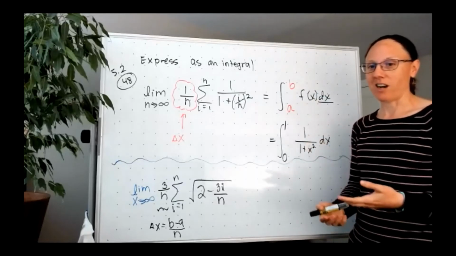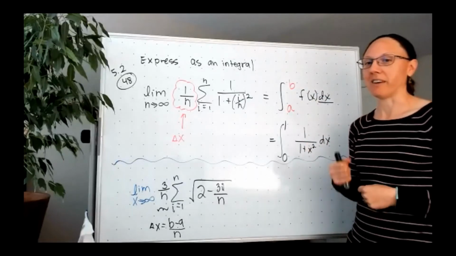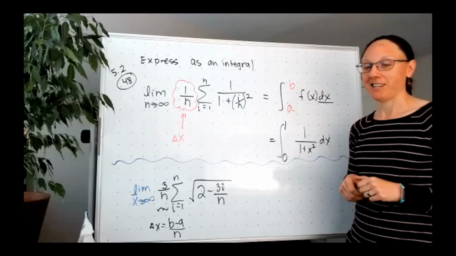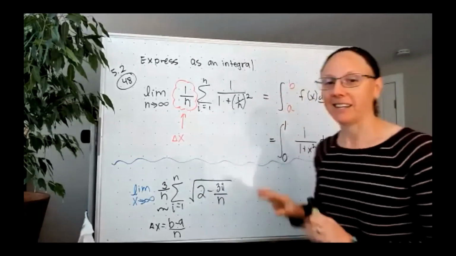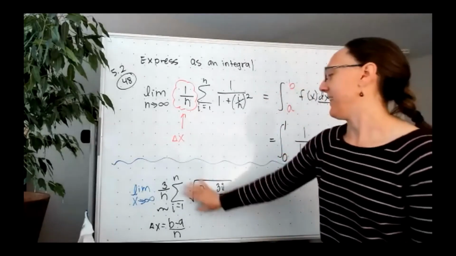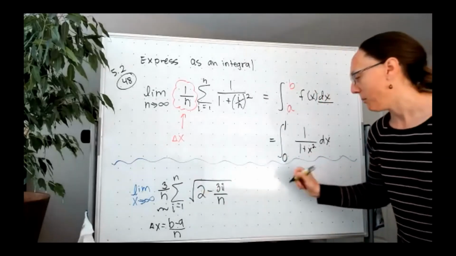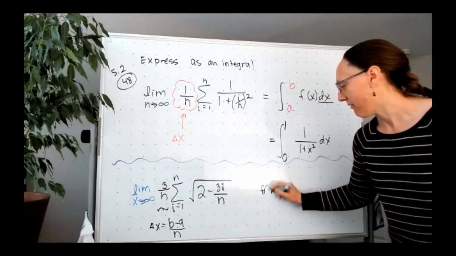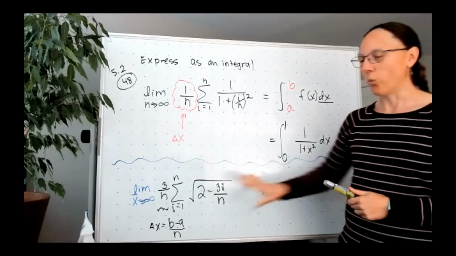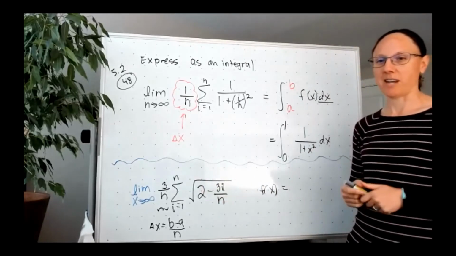Now the next part comes down to, what do we think the function is? So I'm going to give everybody a second. Looking at this, that's some kind of function. But if you had to write it as f of x equals, what do you think the function is? Go ahead and type it in the chat.